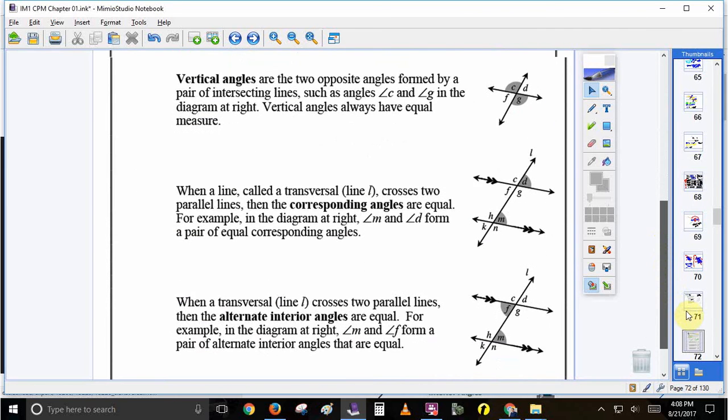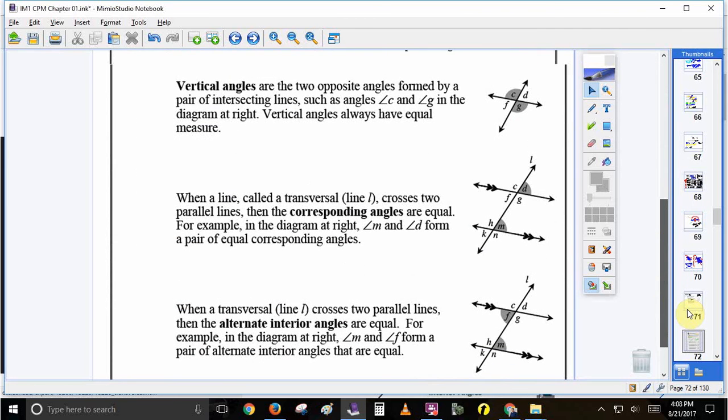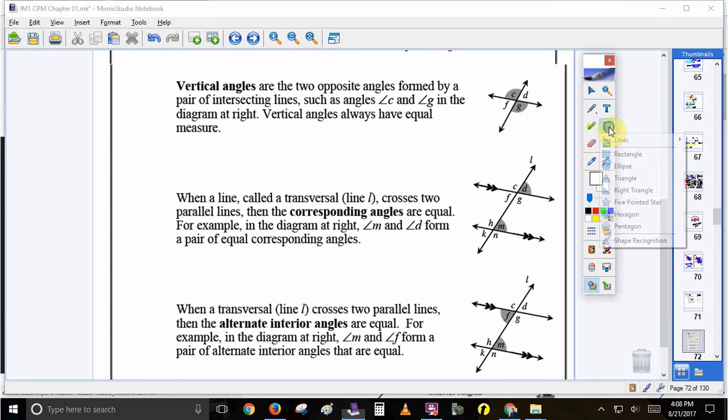Okay, we also have three sets of angles that we commonly run into and use to solve problems. The first are called vertical angles. These are two angles that are across from each other whenever you create two straight lines. Whenever two straight lines intersect, you end up with a couple pairs of vertical angles.